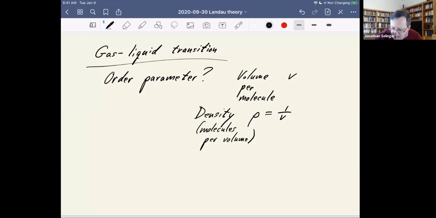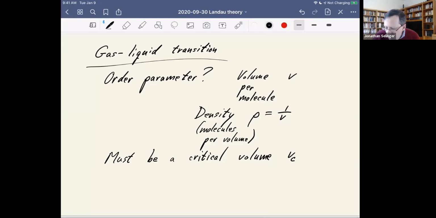And so instead of doing that expansion, we could say just that we know there is some critical density. There must be a critical density or a critical volume. Is density defined as N over V or 1 over V?